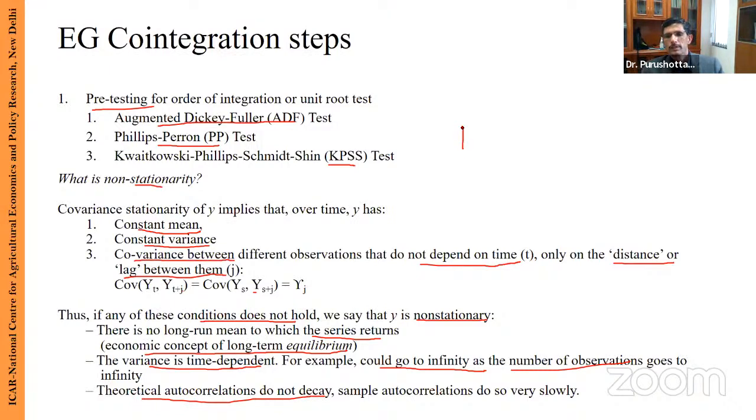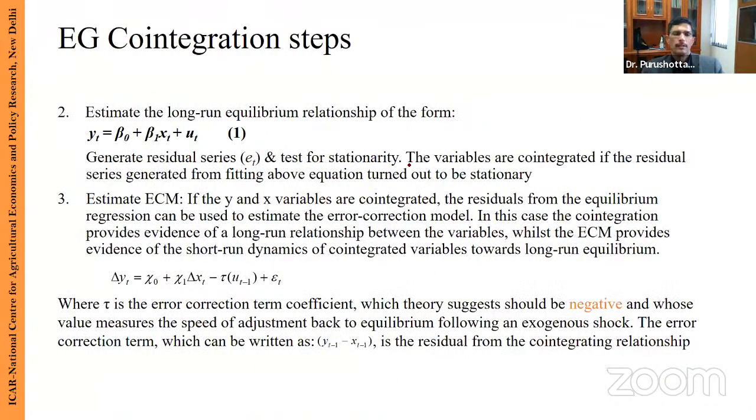So in the autocorrelation plot, if we go for that, it should decay over time. If it doesn't, then the series is not integrated, or unit root is not there.